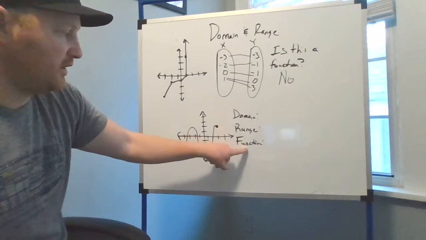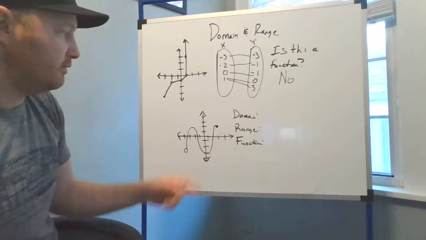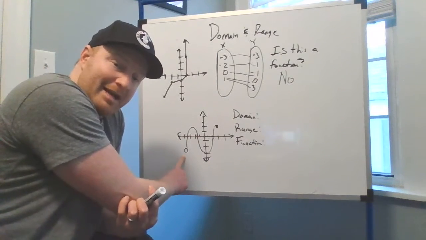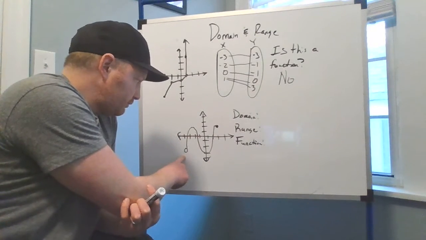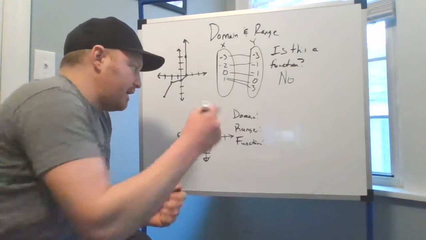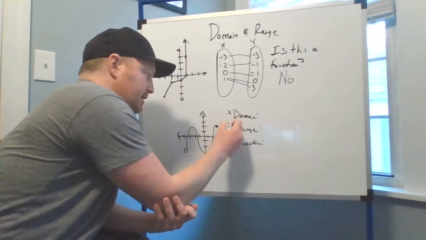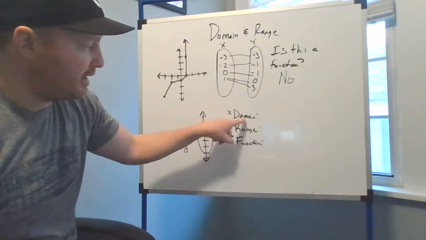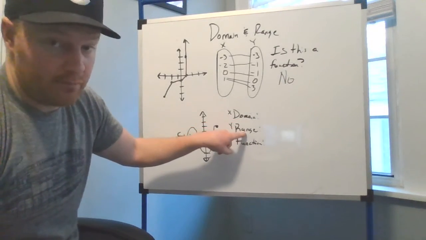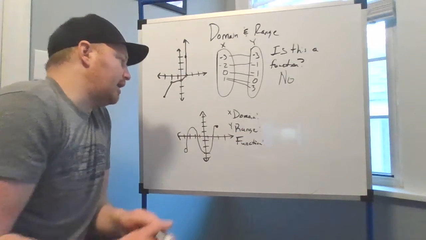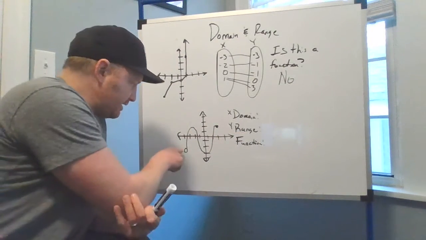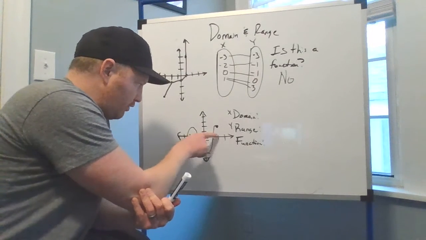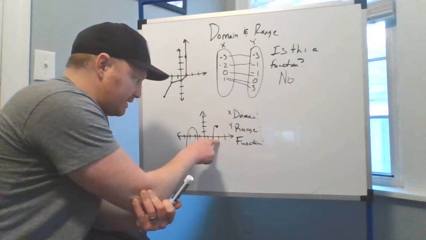So we'll answer this question if it's a function at the very end. But real quick, my domain, remember open circle means it's not included. So our X, remember our domain is always referencing our X, our range is always referencing our Y. Or another way to think about it is, this is my input, this is my output, okay? So domain, I can see that it's greater than -4, and it goes all the way to equaling +3.